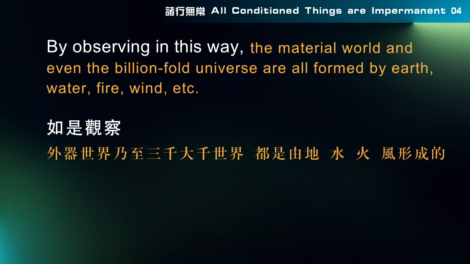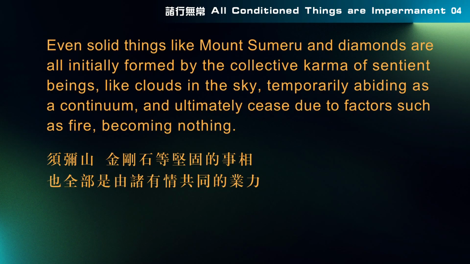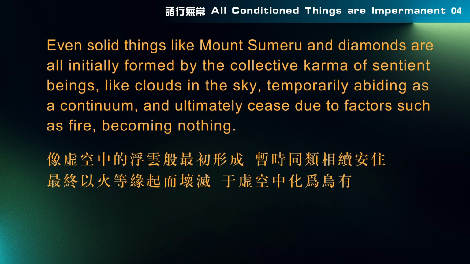By observing in this way, the material world and even the billion-fold universe are all formed by earth, water, fire, wind, etc. Even solid things like Mount Sumeru and diamonds are all initially formed by the collective karma of sentient beings, like clouds in the sky, temporarily abiding as a continuum, and ultimately cease due to factors such as fire, becoming nothing.